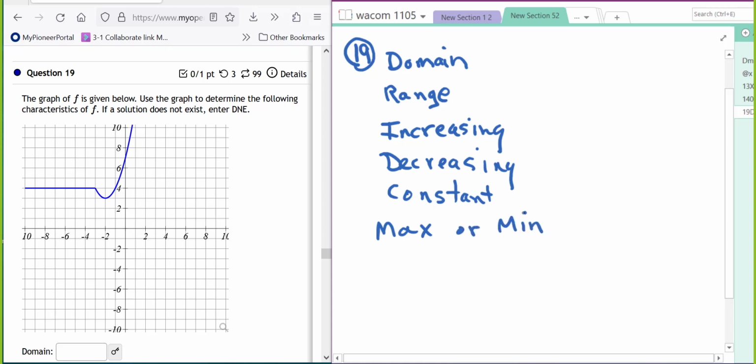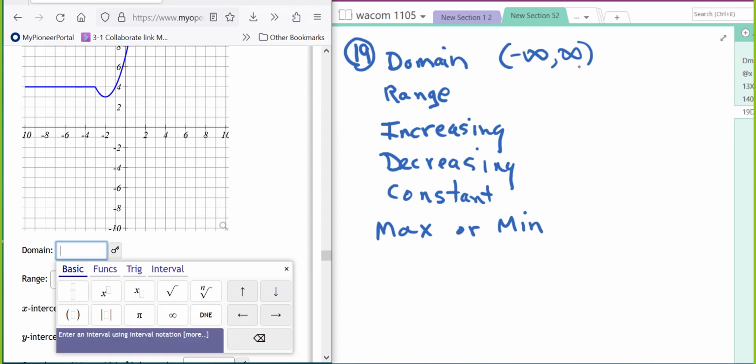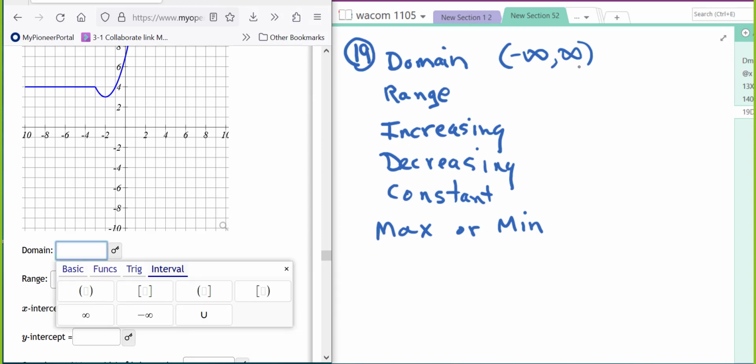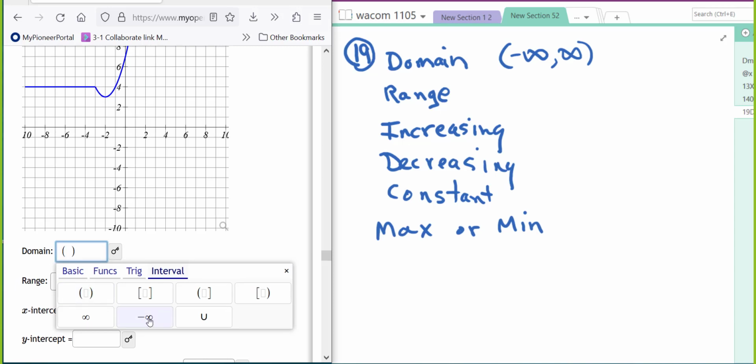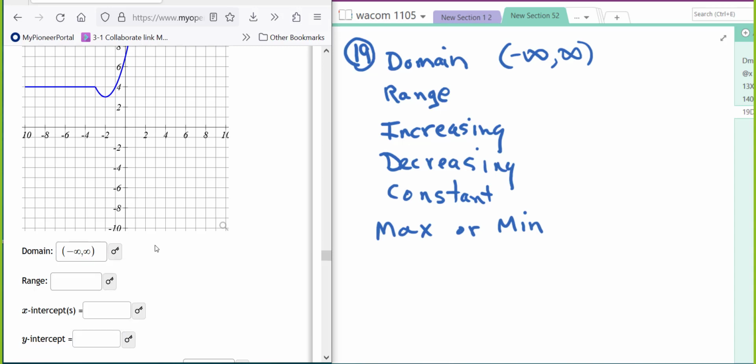All right, so first question is the domain. So leftmost point is going forever that way, and rightmost point, as you go out, it will go to the right. So this is going to be -infinity to infinity. Right, your range is going to be lowest to highest. And let me write those next couple on my list.